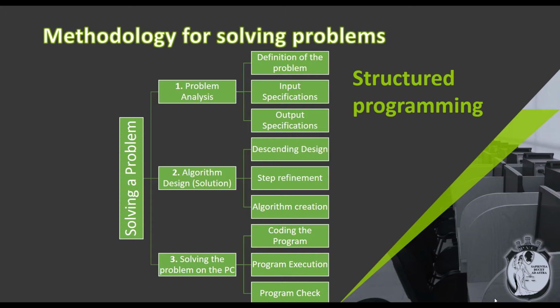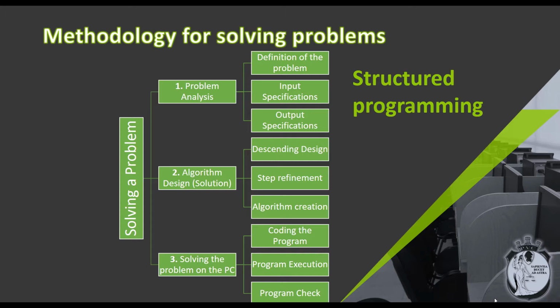Well, when you understand that, you need to know what the input of the program is. What is an input? Input is something that the person who will use the program needs to type to run the program. For example, if you are creating a program that calculates the addition of two numbers, the input of that program is two numbers.